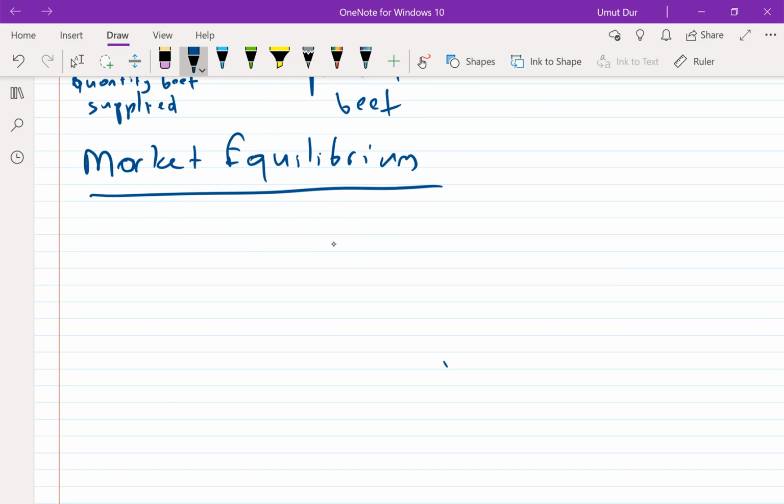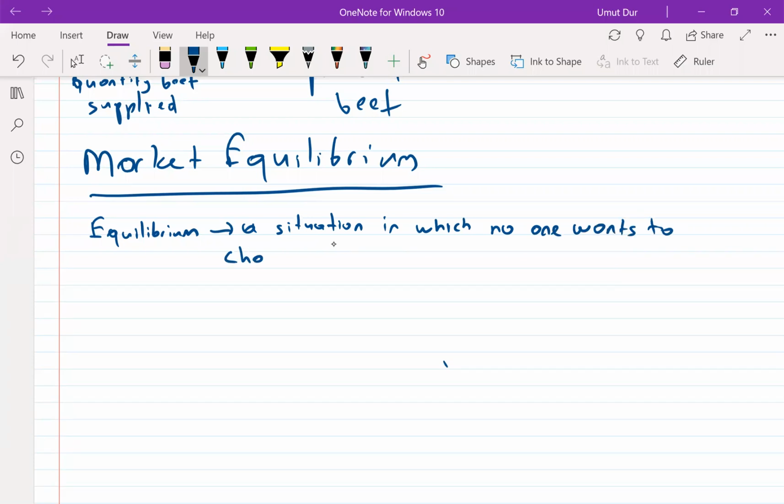Even without talking about economics, whenever we say an equilibrium, you can just think about a situation in which no one wants to change their behavior.